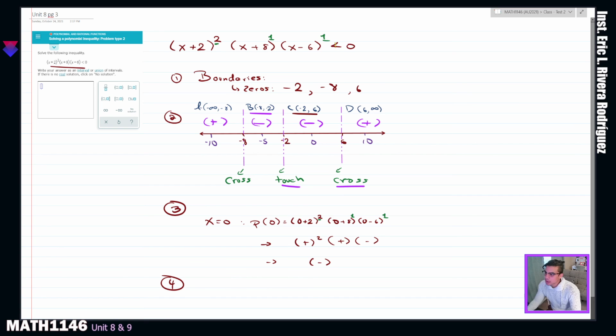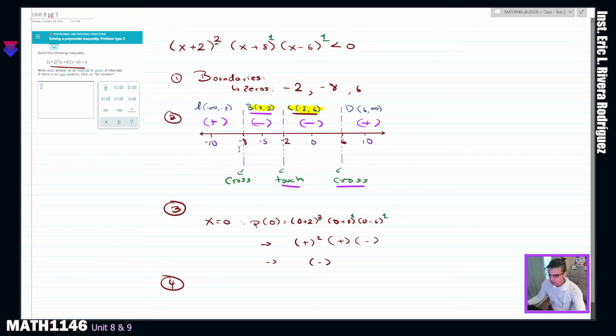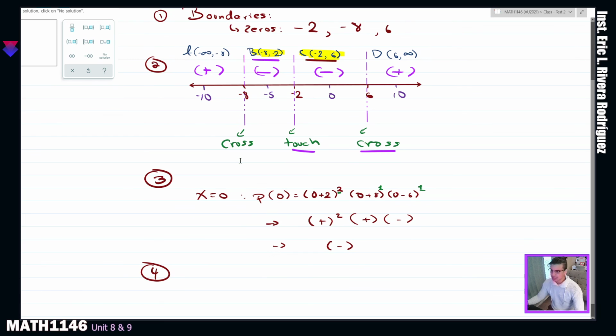All right, so we were looking for less than 0, so that means all the negatives. Help me with writing the solution. So we know that region B and C are the regions where we are going to have negative values.